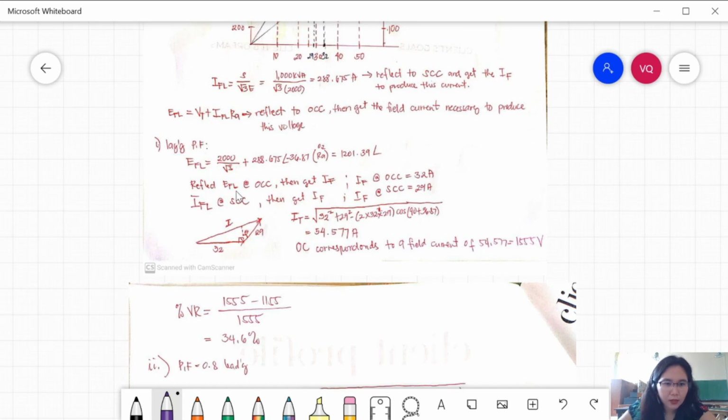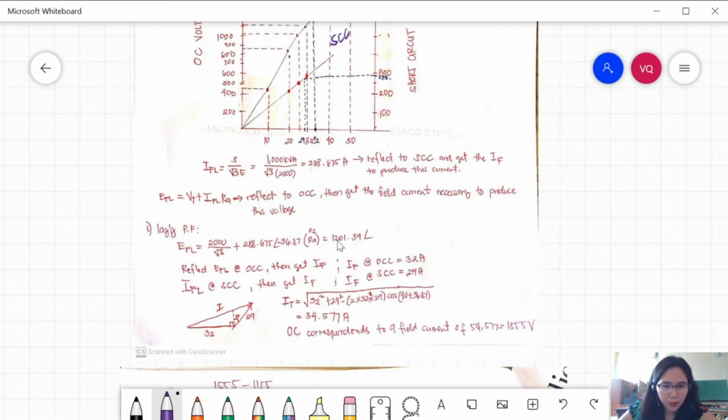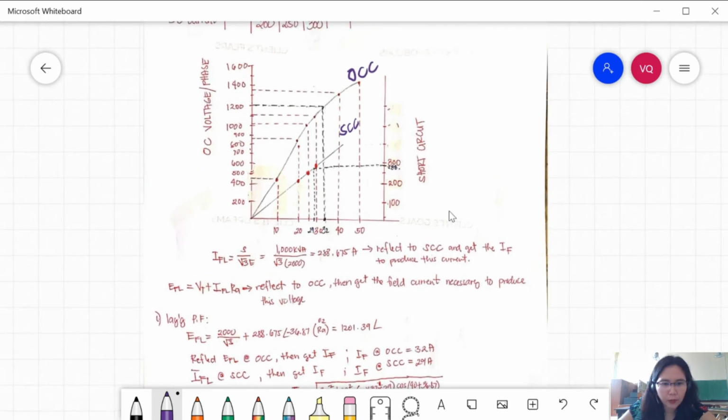So reflect EFL at the OC curve, then get the field current. So if we reflect this one, EFL, the 1201, what will be our field current? So, nandito estimated yung 1,201. You will get 32 amperes to be its field current necessary to produce this voltage.